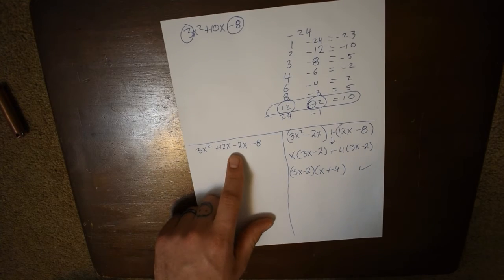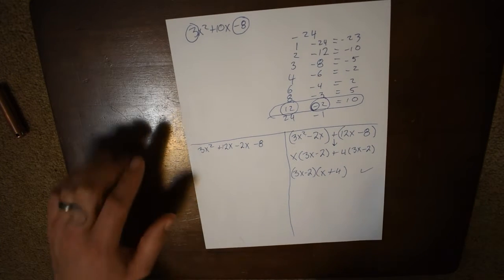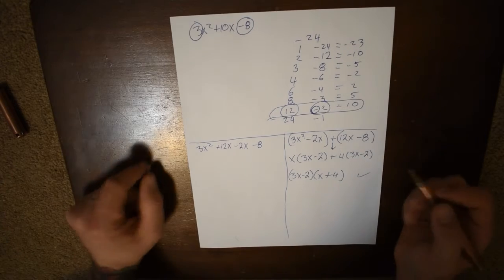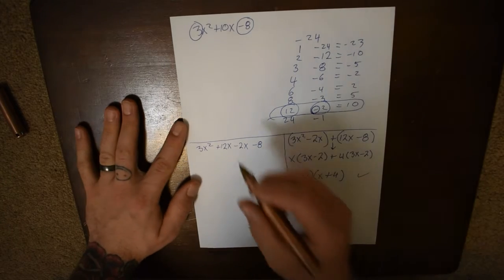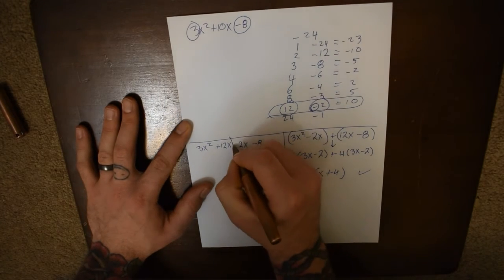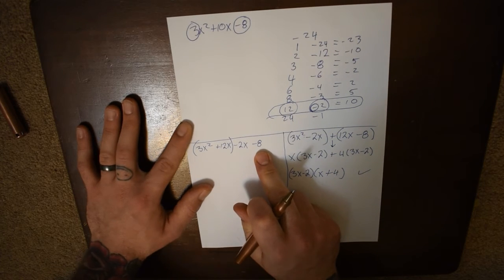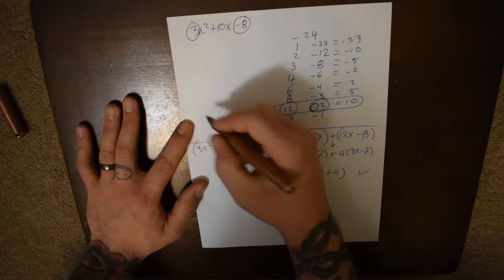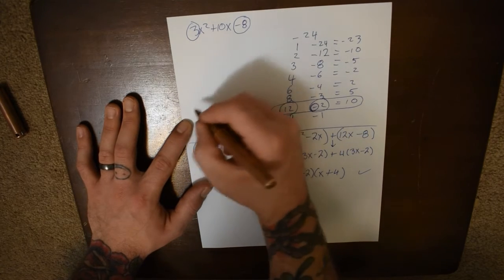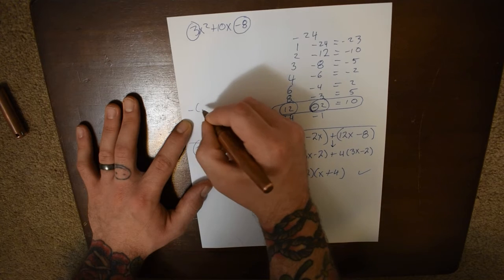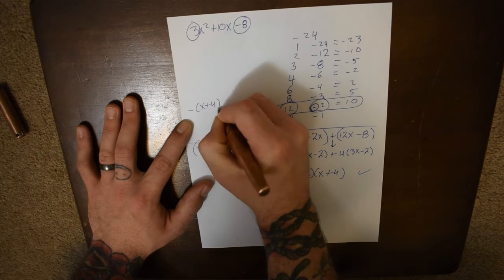If we work over here, we've got this minus sign. So, the process is going to be the same. We're going to group the first two terms, and then we want to group the last two terms. But consider for a second what happens if we had, say, negative x plus 4.